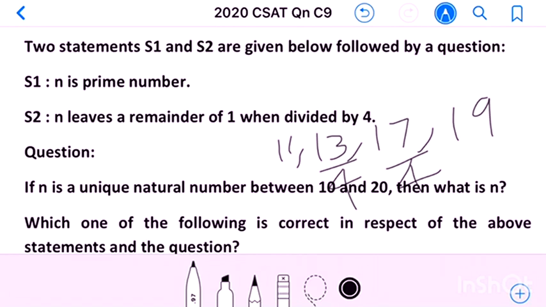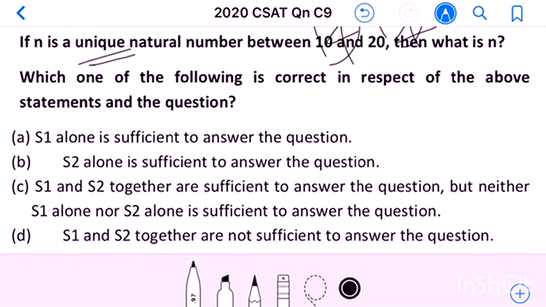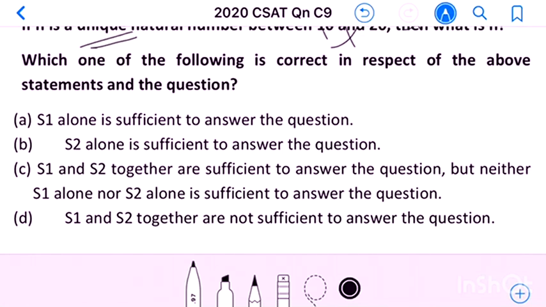So there are two numbers satisfying the second statement. So we cannot find the value of N, there are two values. But here it is saying N is a unique natural number. So we have to find that unique number, which we could not find with these two statements. So our answer is S1 and S2 together are not sufficient to answer this question.